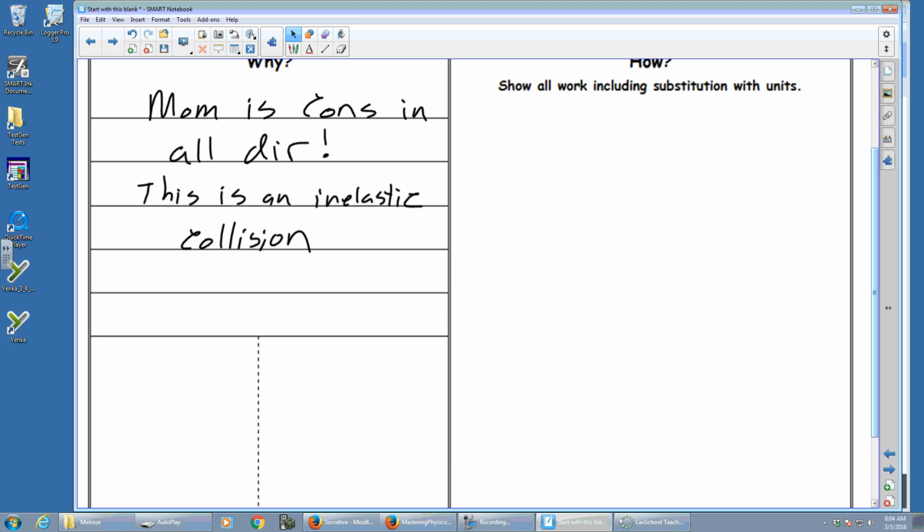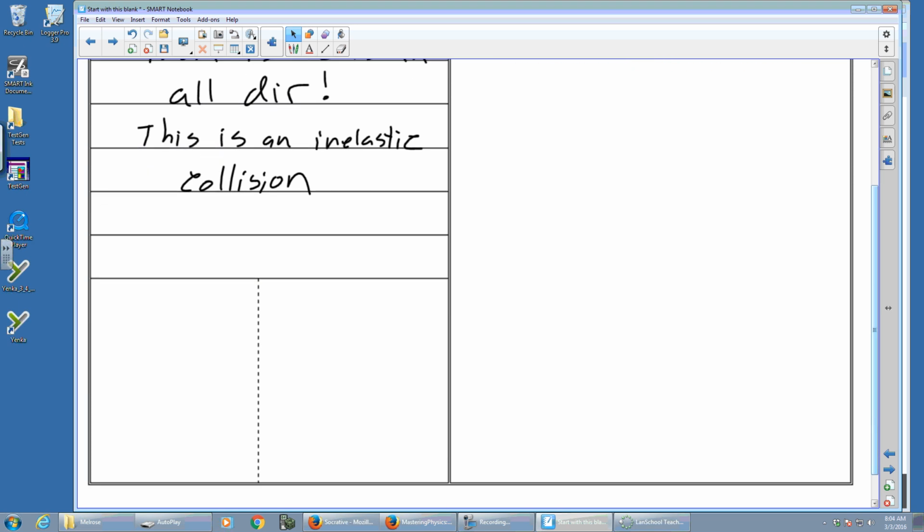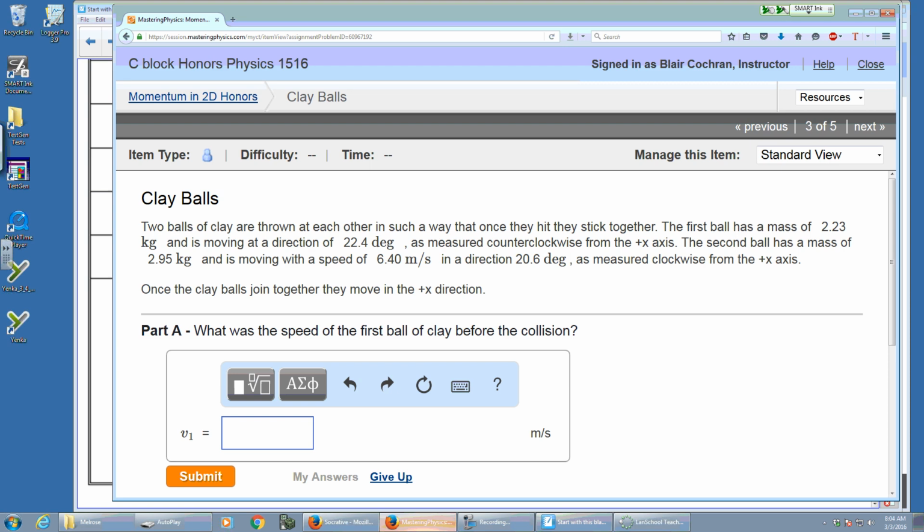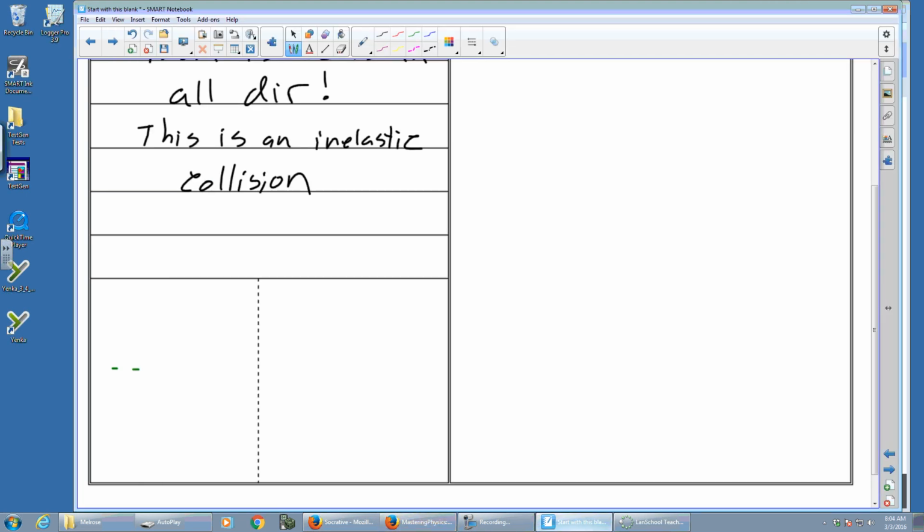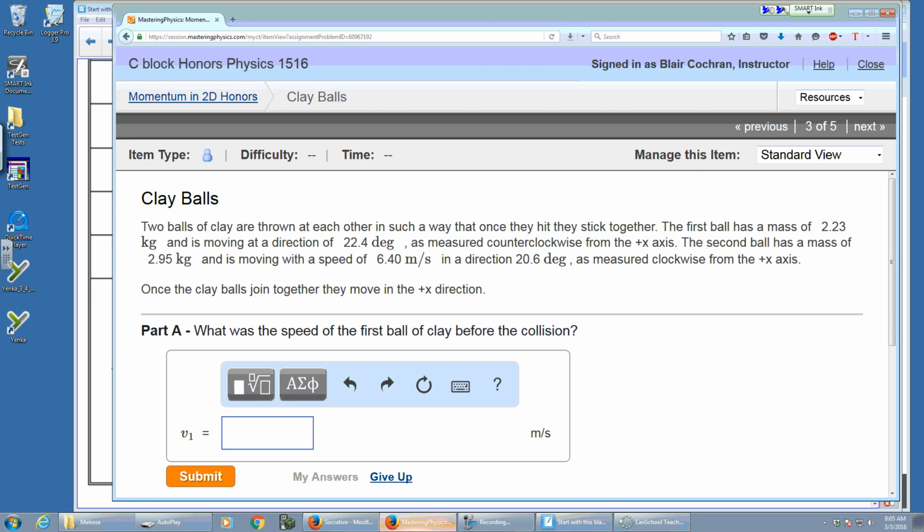So let's see. Let's draw these out. The first one has that mass, and its direction is measured counterclockwise from the x-axis. So here's my x-axis. Counterclockwise means momentum 1 is going up in that direction. And then my second one is in a direction 20.6 degrees measured clockwise from the x-axis.